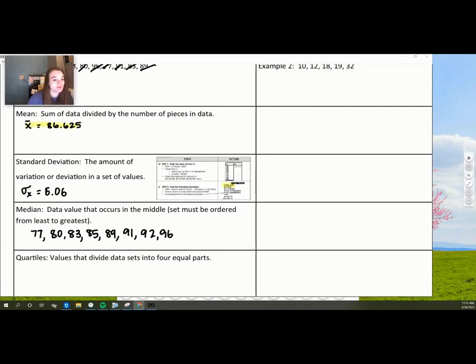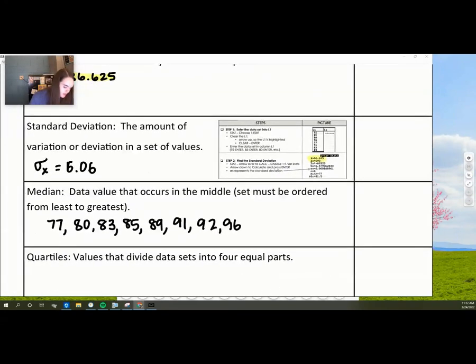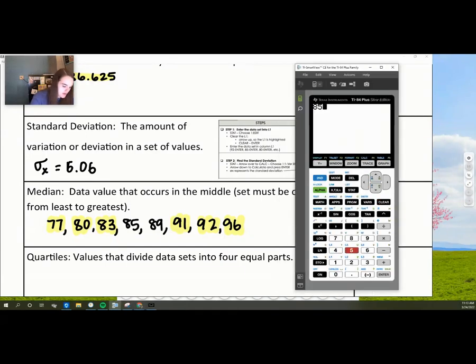All right, we literally want to find the one in the middle. Let me use a highlighter to help me do that. So I've got one on the left, one on the right. Left, right, till we get to the middle number. All right, here's my problem. If I have two middle numbers, I have to add them together and divide by 2. So 85 plus 89 divided by 2.